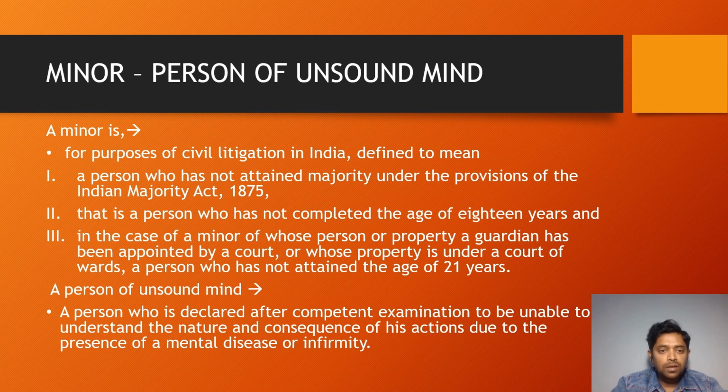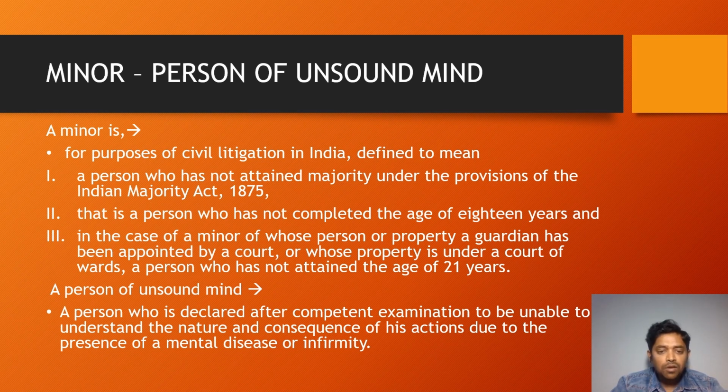Who is a minor and who is a person of unsound mind are discussed here. A minor is, for the purpose of civil litigation in India, defined to mean a person who has not attained majority under the provisions of the Indian Majority Act 1875, that is, a person who has not completed the age of 18 years.